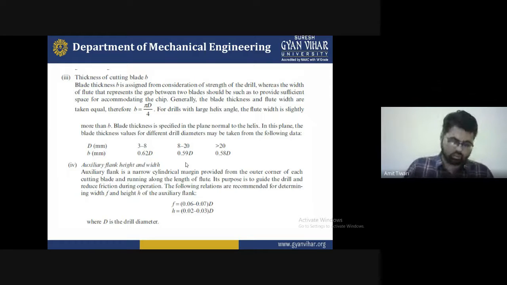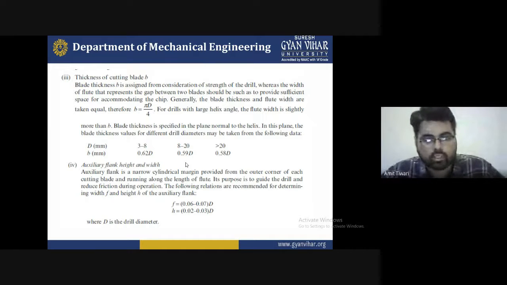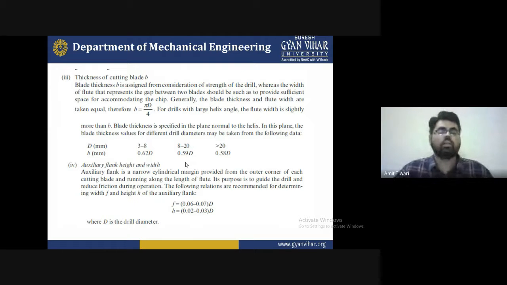The reason is that for drilling with a large helix angle, B equal to pi by 4 is required, and the blade thickness and the flute width are taken equal. B is equal to pi into D divided by 4. These are some conditions to be obtained, with the cross-sectional diameter and the thickness of the blade as mentioned.